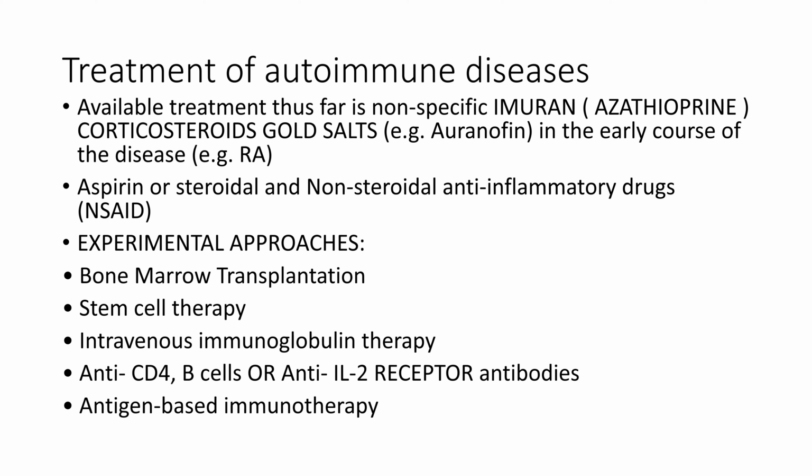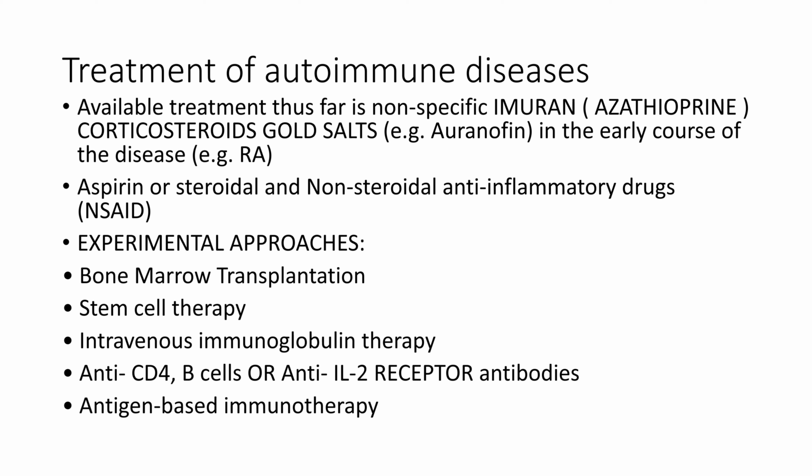As far as the treatment is concerned, the available treatment thus far is non-specific, that is azathioprine, corticosteroids, or gold salts, which can be used in the early course of rheumatoid arthritis to subside the inflammation. Aspirin or steroidal and non-steroidal anti-inflammatory drugs, that is NSAIDs, can be used.